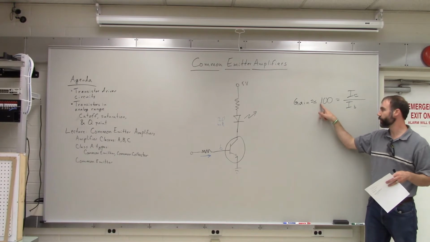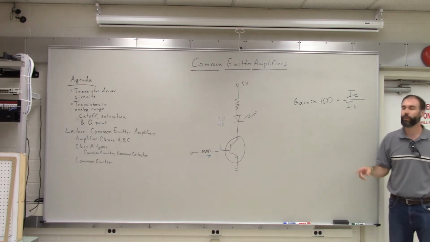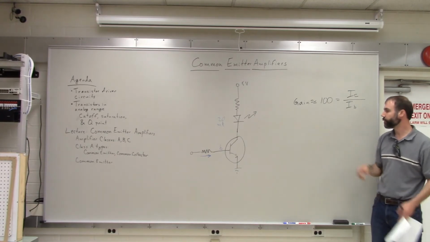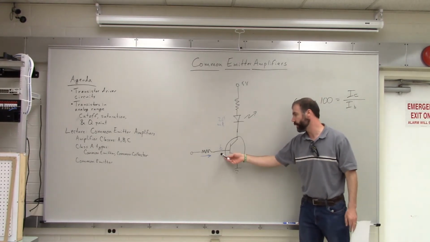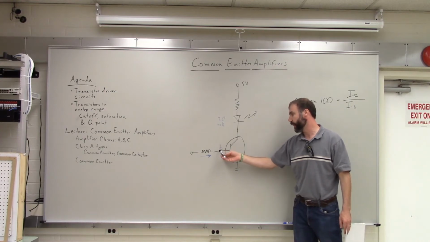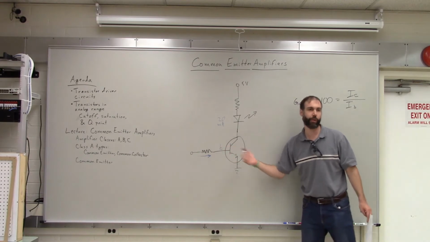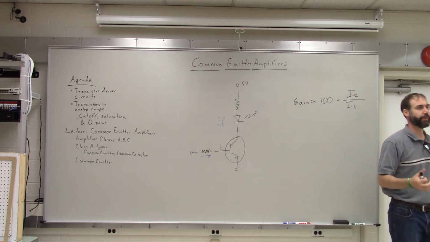So what we do is we give ourselves a little bit of flexibility, a little bit of breathing room. Once we calculate what the ideal current should be here, then we just double it to give ourselves some extra flexibility.